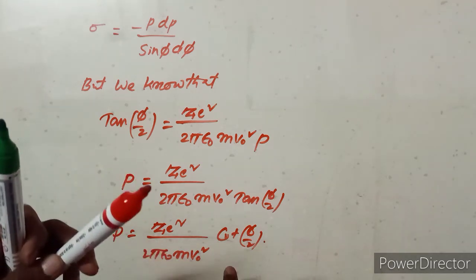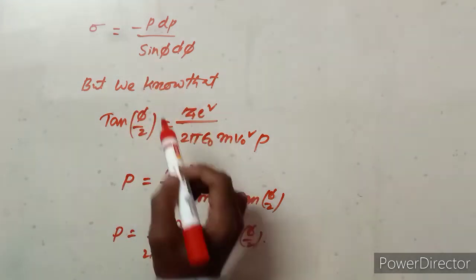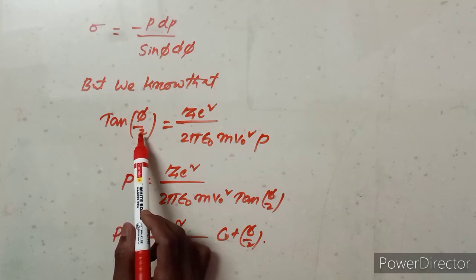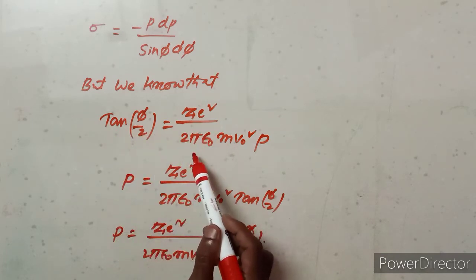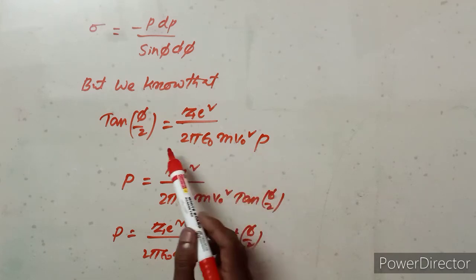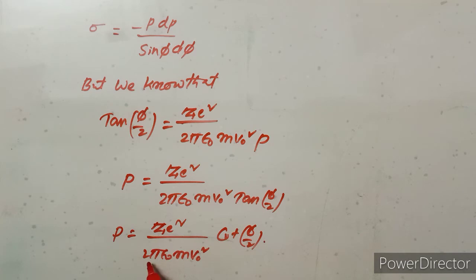So this equation can be written as follows. We know that tan phi by 2 equals Ze square upon 2 pi epsilon naught m v naught square P. From this equation, P equals Ze square upon 2 pi epsilon naught m v naught square cot of phi by 2.